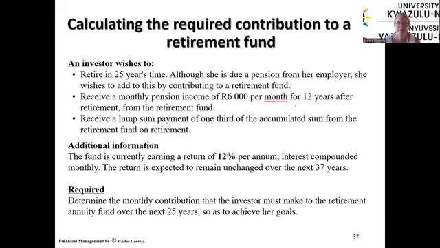Okay. So we're going to have to convert all these years into months at some point. In addition, she wants to receive a lump sum payment of 1/3 of the accumulated sum from the retirement fund on retirement. So in 25 years' time, she wants to have enough in this retirement fund so that she can take out 1/3 and enough will be left there, which is the 2/3 left over, such that she can draw down $6,000 a month for another 12 years after that.